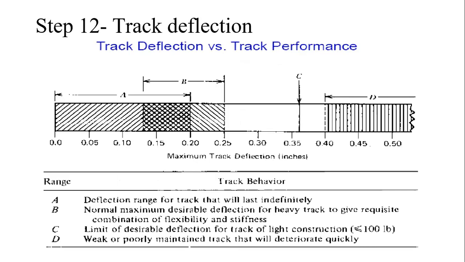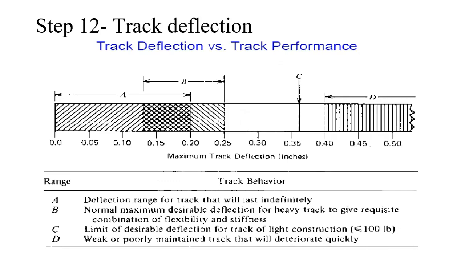Then the track deflection, which has different categories. If the calculated deflection ranges between 0 and 0.12, it's a very good track. It will last a long time. Then normal maximum track deflection is between 0.12 and 0.25. So it's B, a normal value. C is the limit.